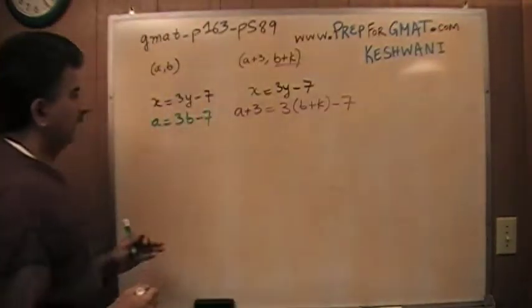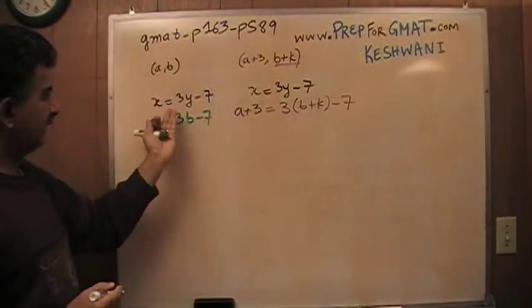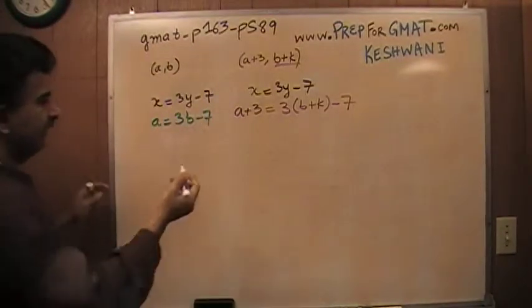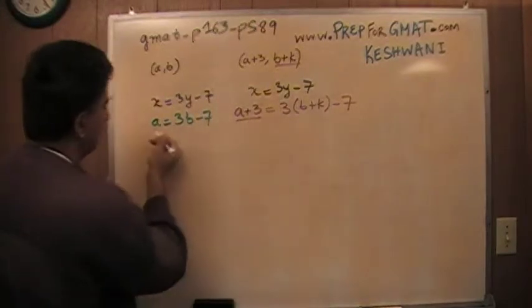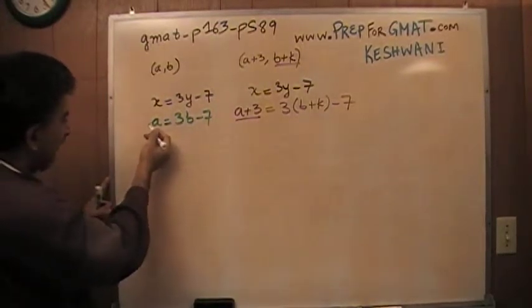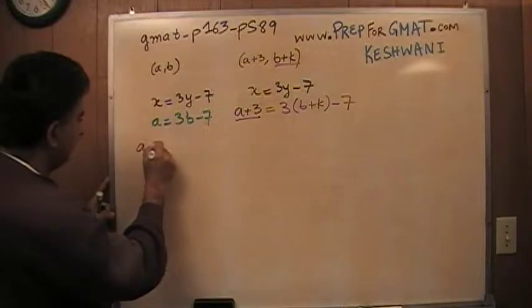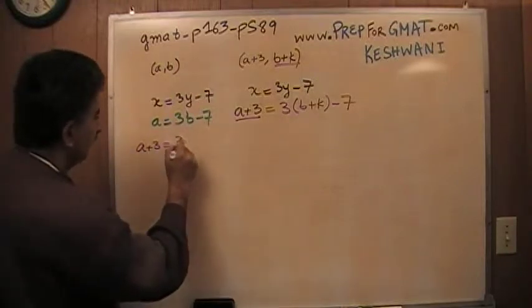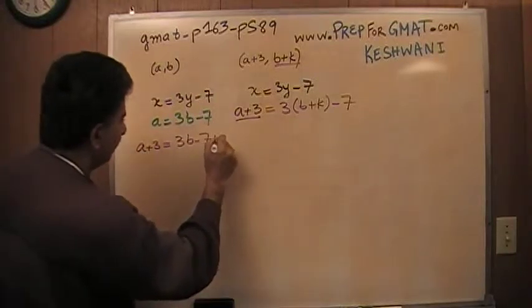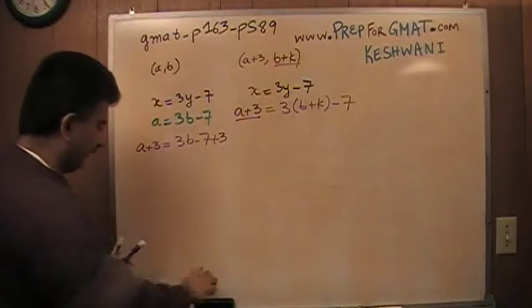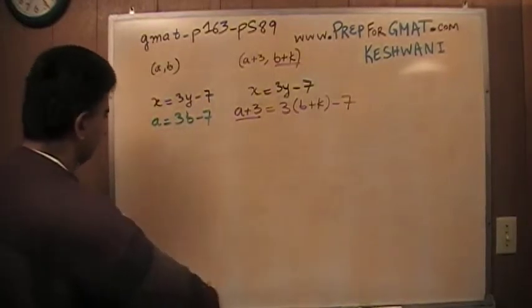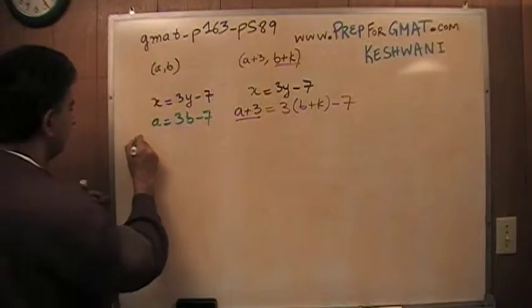There you go. And these 2 equations come from the same thing. Now notice that here I have a plus 3 and here I only have a. So I'm going to add 3 to it. Let me write in green so you can keep the 2 separate. I'm just simply adding 3 to this side.